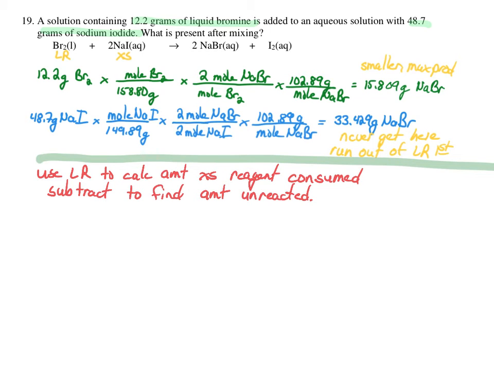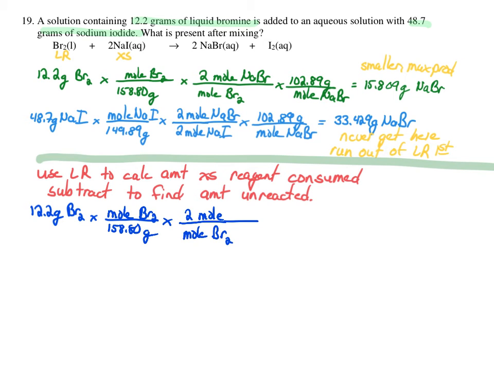So we'll start with our limiting reagent, 12.2 grams of bromine. Now we want to relate our limiting reagent to our excess reagent in this balanced chemical equation. Okay, now we go use our balanced chemical equation, and recognize that each mole of bromine is going to consume 2 moles of our sodium iodide.